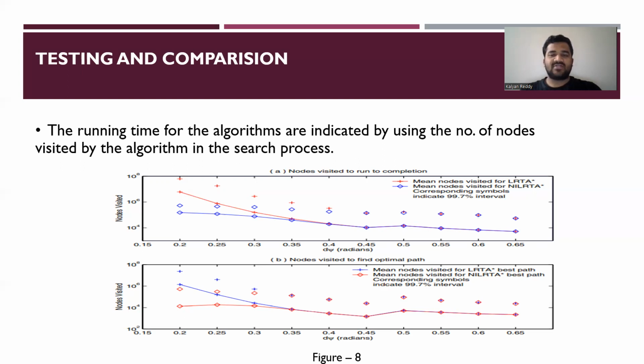At a step size of 0.3 radians, the mean running time for the LRT A-star algorithm drops to about 2 lakh nodes, a drop rate of almost 98%. And as the step size continues to increase, the mean running time decreases further for both algorithms.